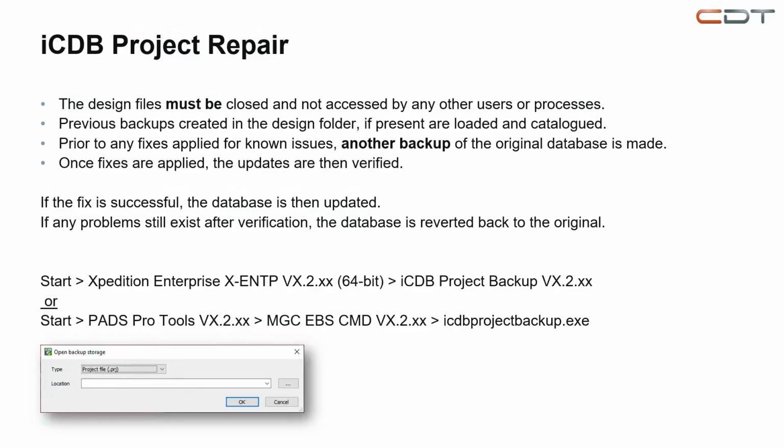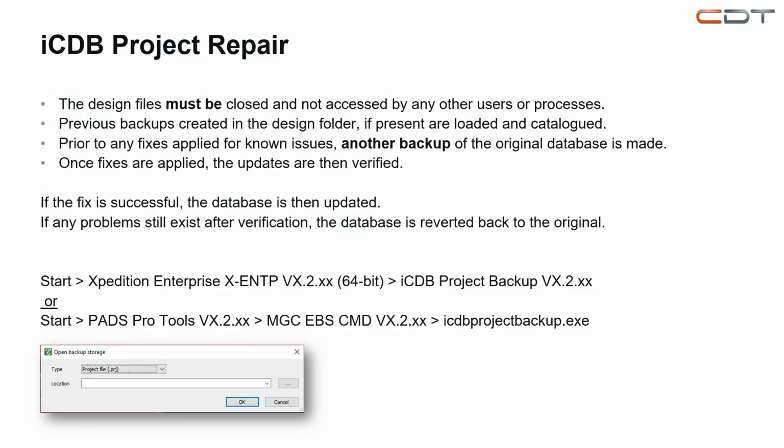Previous backups that were already created in the design folder will be loaded and cataloged in the window of iCDB project, and prior to any fixes applied for known issues, another backup of the original database is made. Once fixes are applied, the updates should be verified. If the fix was successful, the database will be updated. If any problems still exist after verification, the database will be reverted back to the original, so it prevents you from potential corruption of the database.